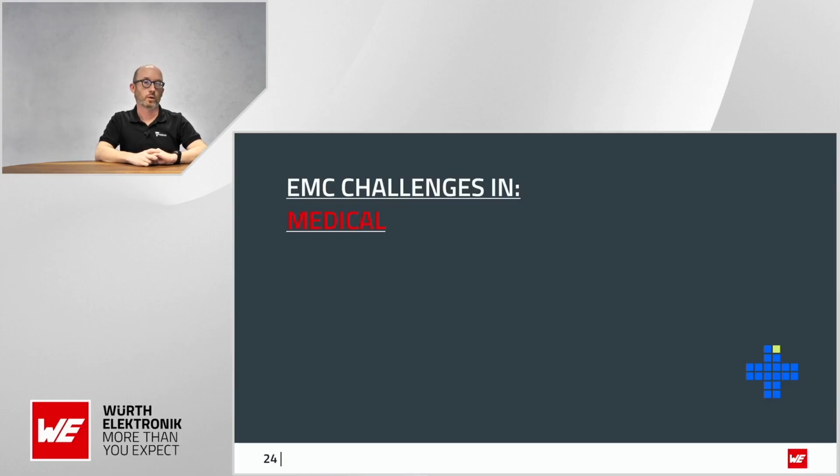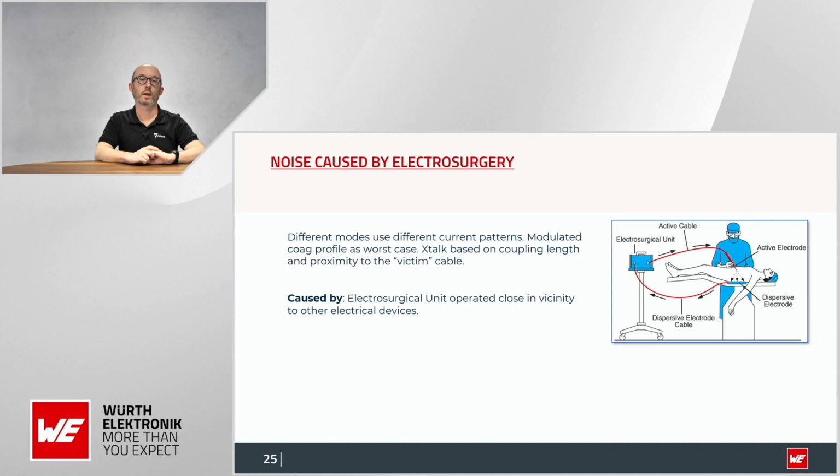Now let's go to the last chapter of my presentation, which shows the EMI challenge in medical. I wanted to introduce to you electrosurgery, where you can see here in the operating theater the patient lying on the operation desk.